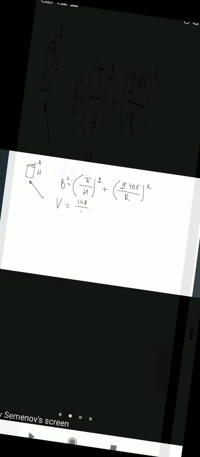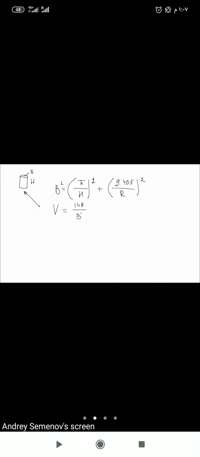So the minimal critical volume for this type of reactor can be calculated according to the formula: 148 divided by B cubed. If we use a reactor with a reflector, at this part we have to add reflector savings.